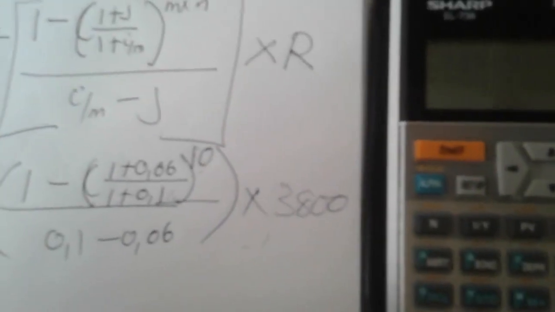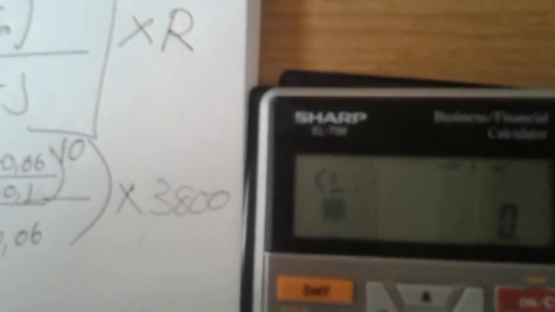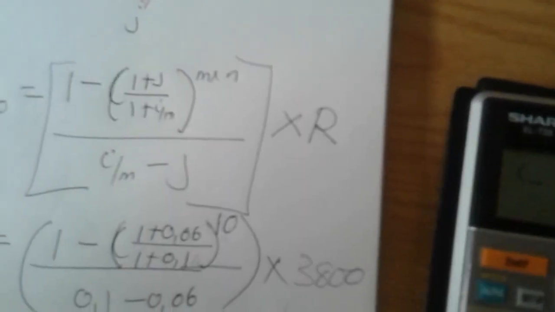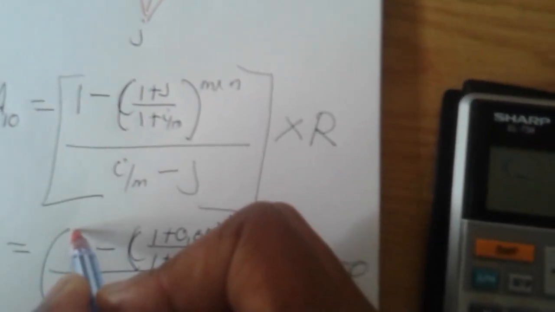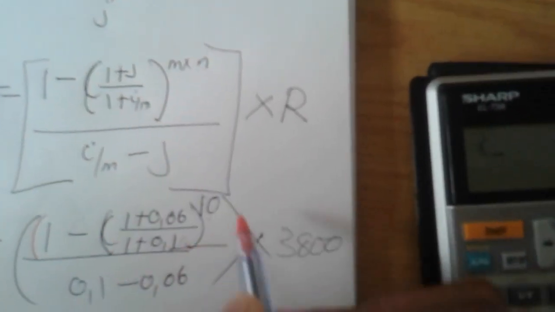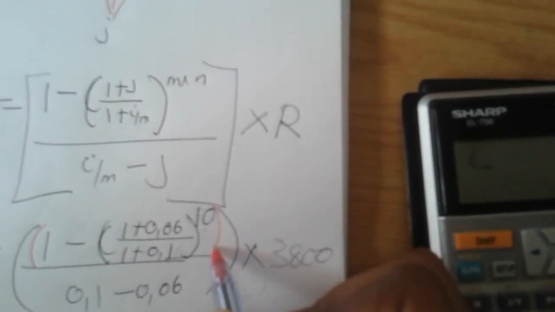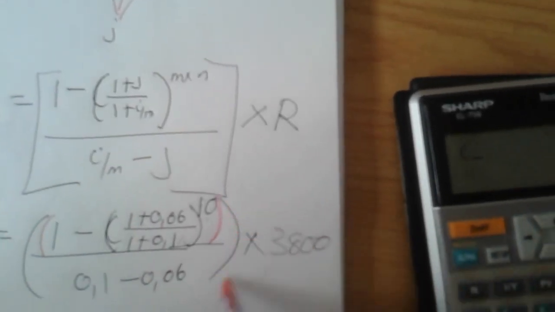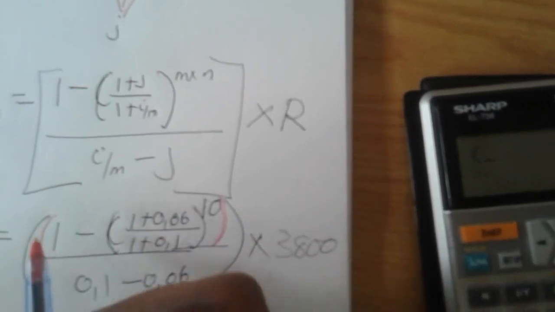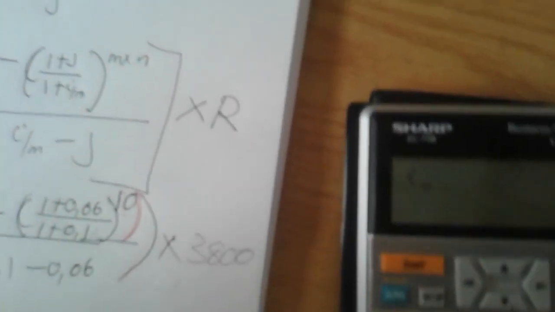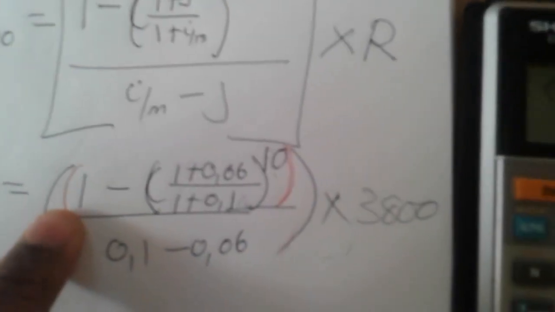So let's open bracket. Let's punch this in our calculators. Okay, I need to add another bracket there. But this one, sometimes it's not necessary, so let's only use that one. Let's open that bracket there, right?